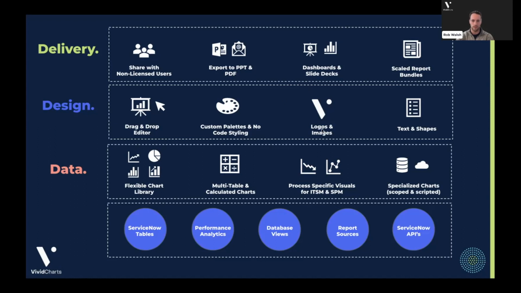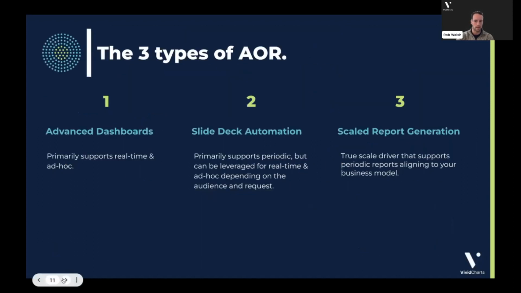So this sets the foundation for what you're going to see in the product today. And the other important thing to keep in mind is these report types, which we just stepped through, and the cadences that they're going to support that we referenced earlier.